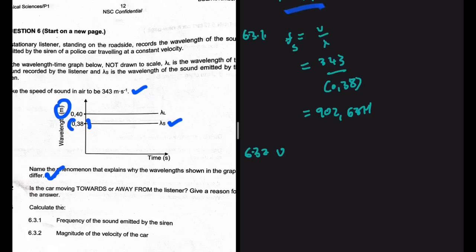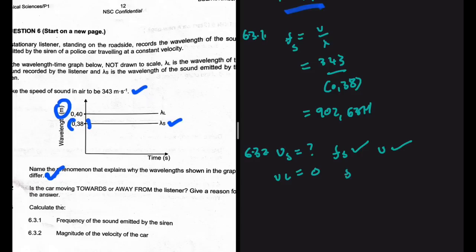Okay, so magnitude of the velocity of the car. This is the velocity of the sound source that you are looking for. We have the frequency of the sound source because we have calculated it. We have the speed of sound in air, it is just V. It is given to us, right? So we are looking for Vs. We have VL because the listener is stationary, which is 0.